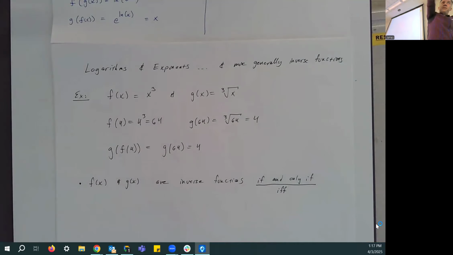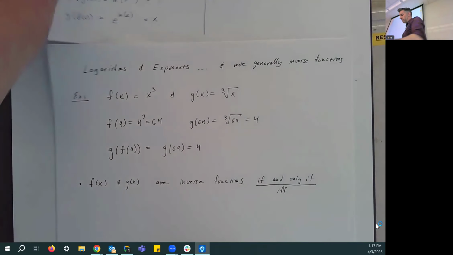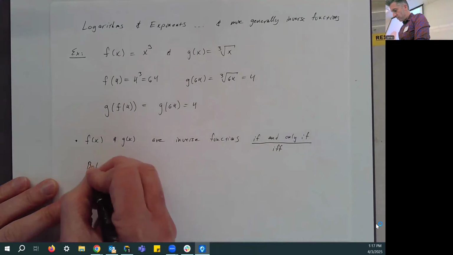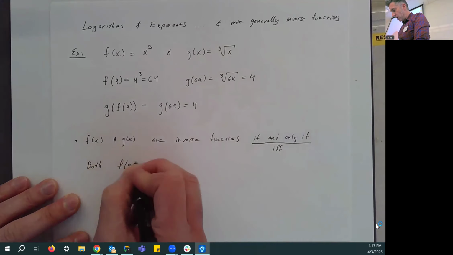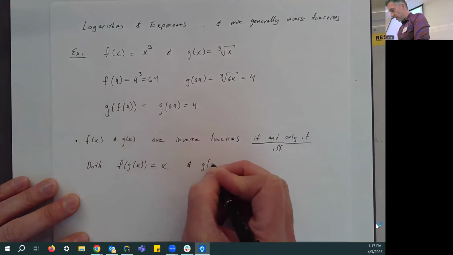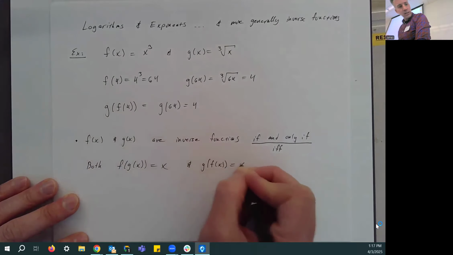And if the stuff I'm about to say is true, then they have to be inverse functions. Both directions of implication are true if we say if and only if. It's also the way we say the definition. If and only if both f of g of x is equal to x and g of f of x is equal to x.